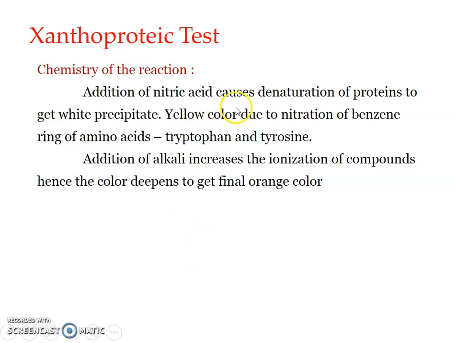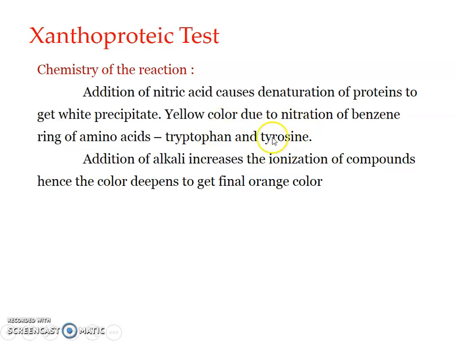And what is the chemistry? Addition of nitric acid causes denaturation of proteins. One of the very important denaturing agents is an acid. So when nitric acid is added, proteins get denatured and it becomes a white precipitate. The yellow color develops due to nitration of the benzene ring of the amino acids tryptophan and tyrosine. If these are present in the protein, it gives a positive result for the Xanthoproteic test.